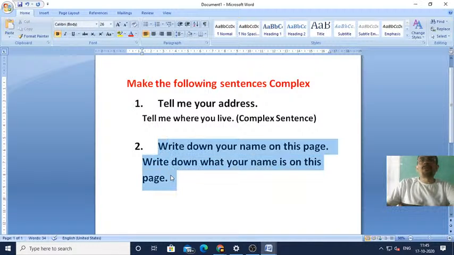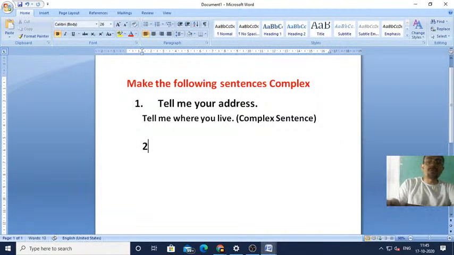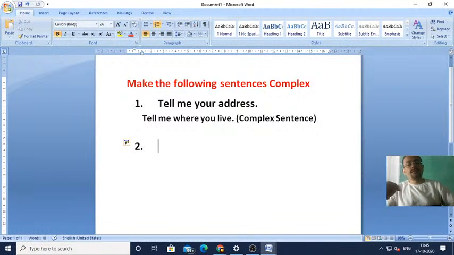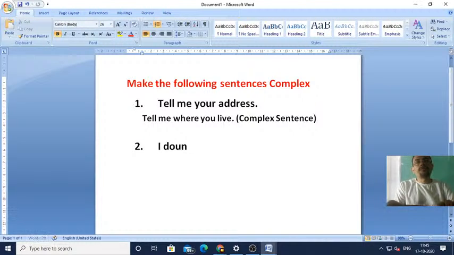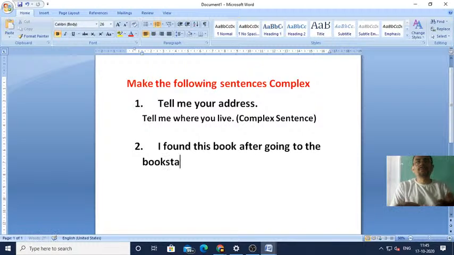Okay, so I can replace this with another example. For example, I found this book after going to the bookstall.